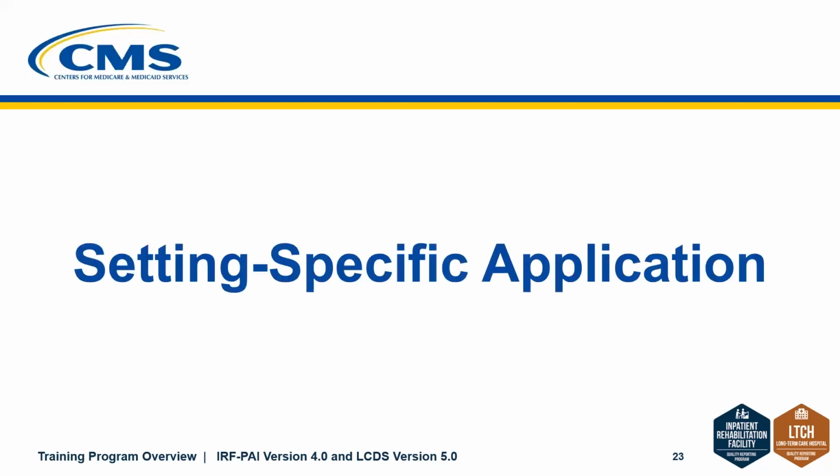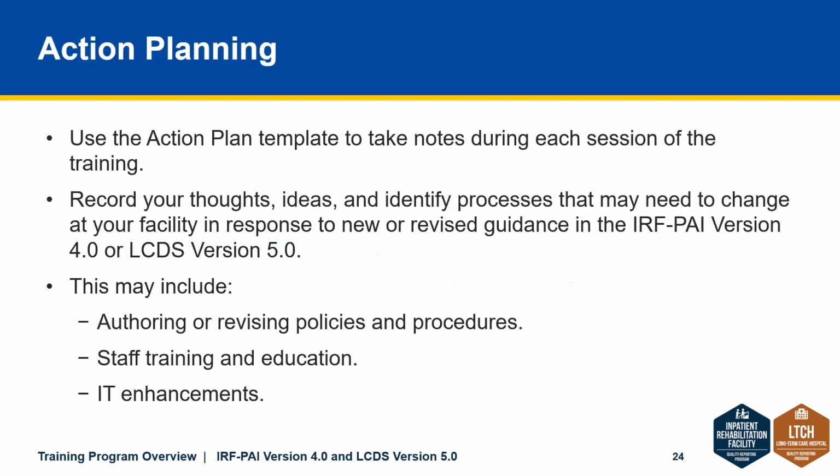Now let's talk about how you can make this training as meaningful as possible for your specific facility. Action planning is one way to help translate the training materials into action steps for your setting. We've created an action plan template that corresponds to each section in the training.